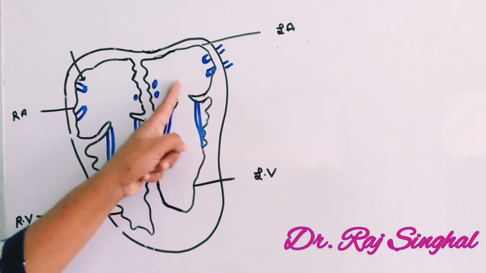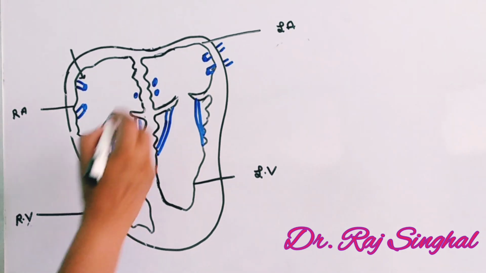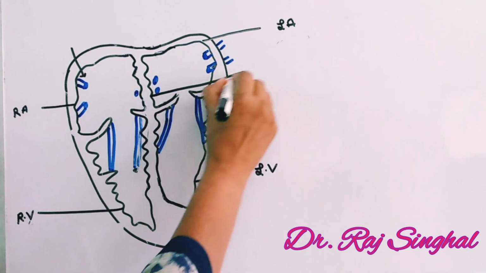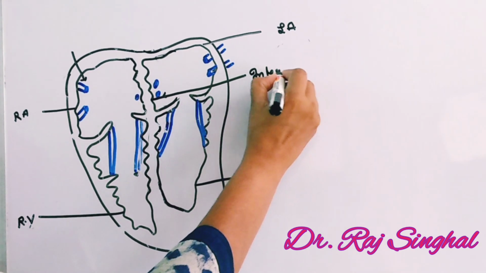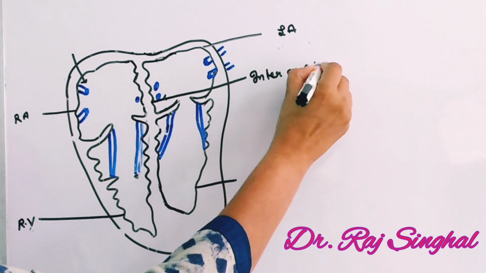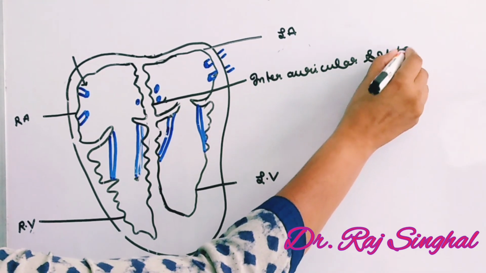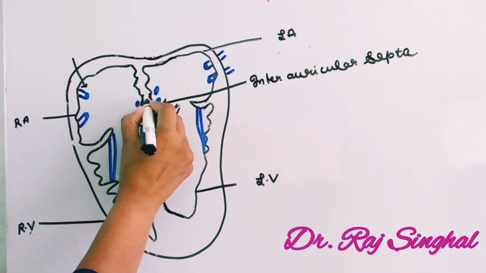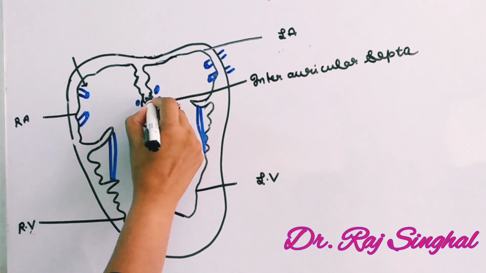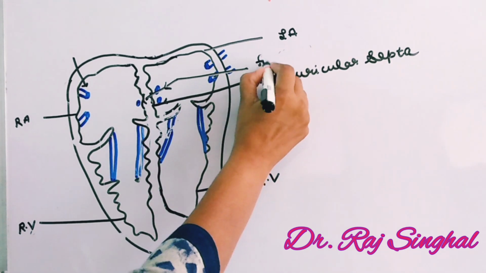Both the auricles are separated from each other by a septum, which is known as interauricular septum. This septum has a depression in the middle, which is known as fossa ovalis.